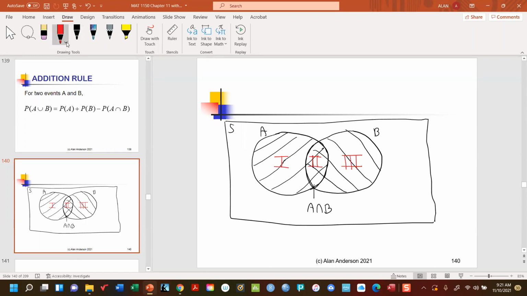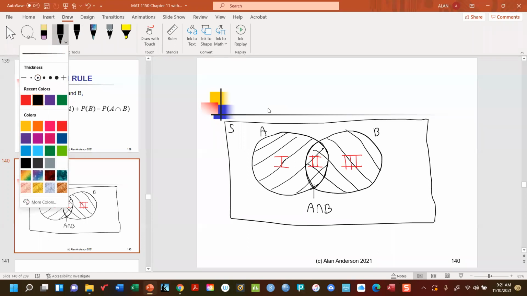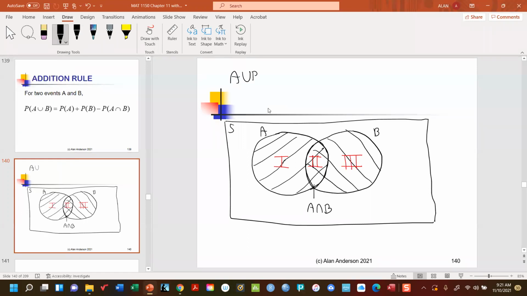So we could think of A union B as equal to the sum of areas 1 plus 2 plus 3. Those areas have been defined to make sure there's no overlapping, so clearly the union equals 1 plus 2 plus 3.